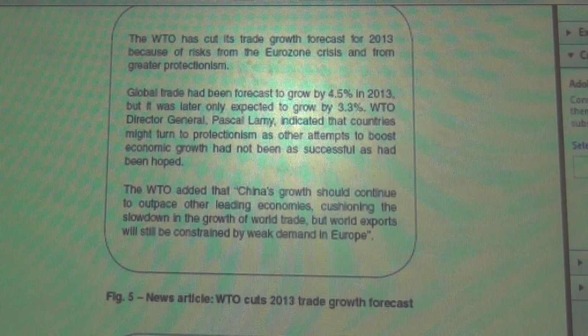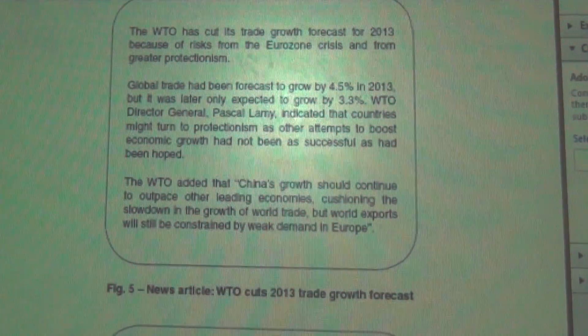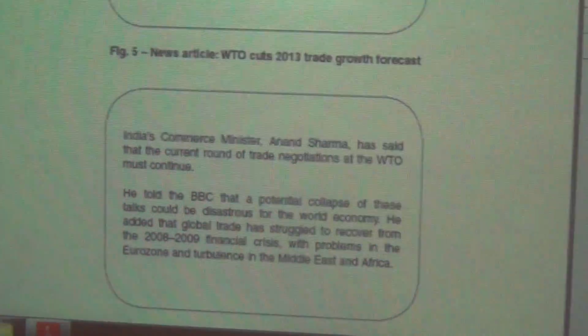And of course, when an economy like that is growing, it's sucking in huge amounts of imports, and as a consequence would help to cushion the slowdown in the growth of world trade. However, it's still not going to compensate for the very dramatic fall in domestic demand by 500 million people who make up the European Union, for example. The 28 nations of the European Union, for that matter.